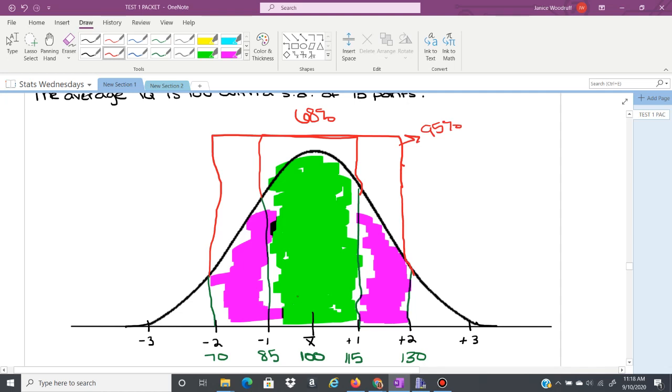So 95% of people have an IQ between 70 and 130.